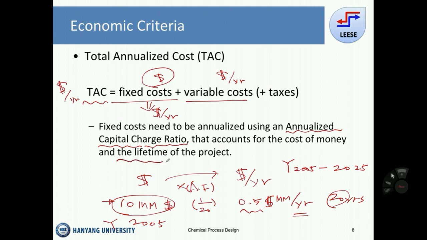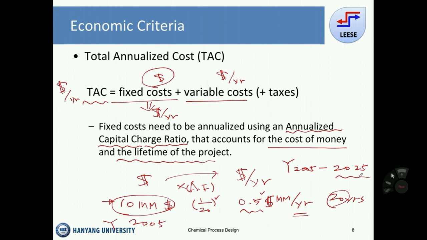So we can consider the lifetime of the project. But what is the issue with this simple annualizing factor? We did not consider the cost of money, okay? So 10 million in 2005 is not going to be the same as in 2025, okay? With $1, you cannot buy the same thing as you bought in 2005.